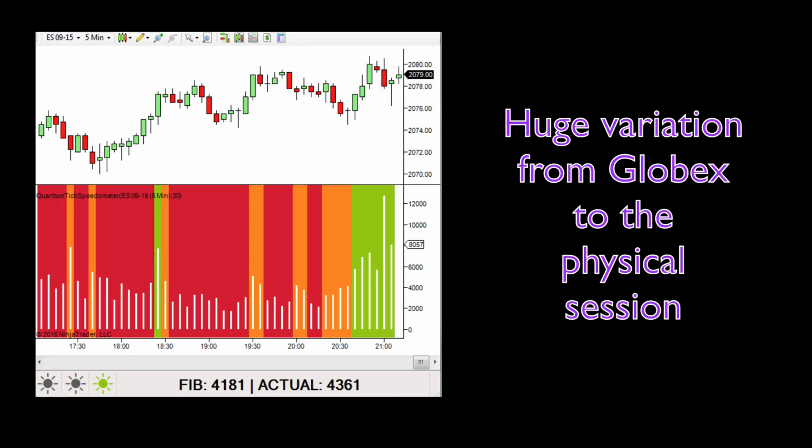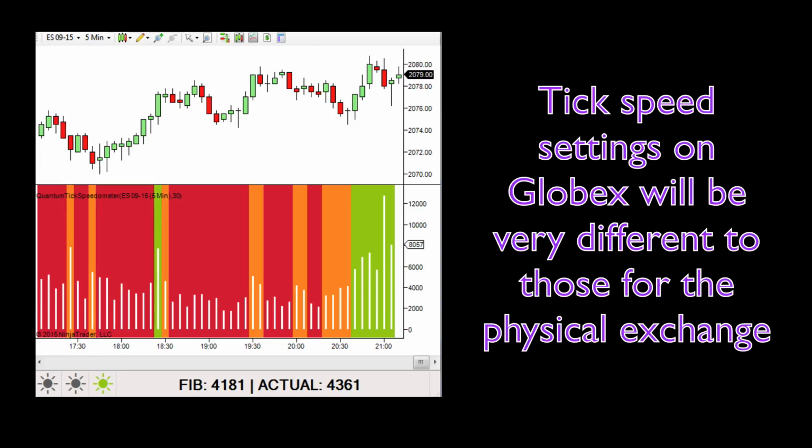And as you'll see in a moment, there is a huge variation, and it's so important to understand that if you're trading on the electronic market, then the tick speeds to set your charts to will vary enormously when moving through to the physical exchange which opens.